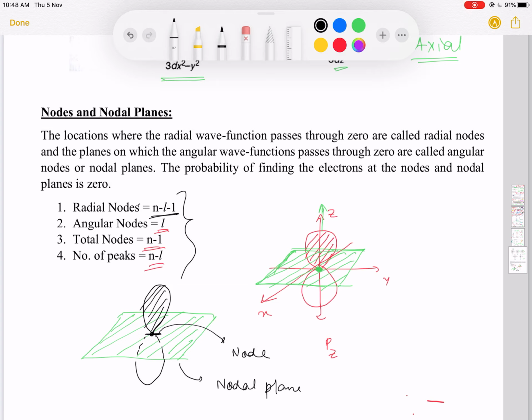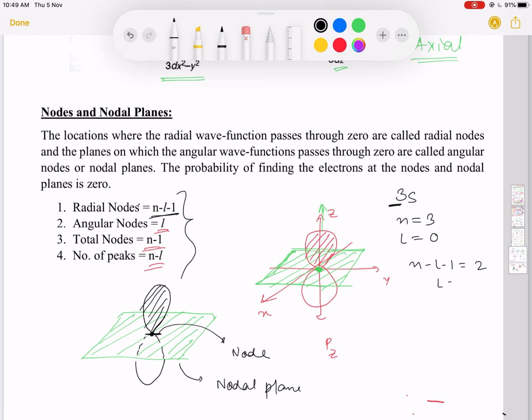Say for example we have 3s. For 3s the n value will be 3, given by the principal quantum number, and s means l value is 0. Radial nodes will be n minus l minus 1, equal to 3 minus 0 minus 1, which is 2.